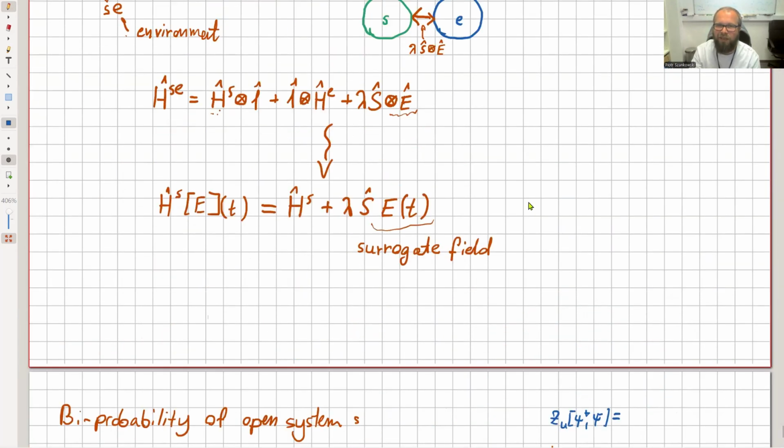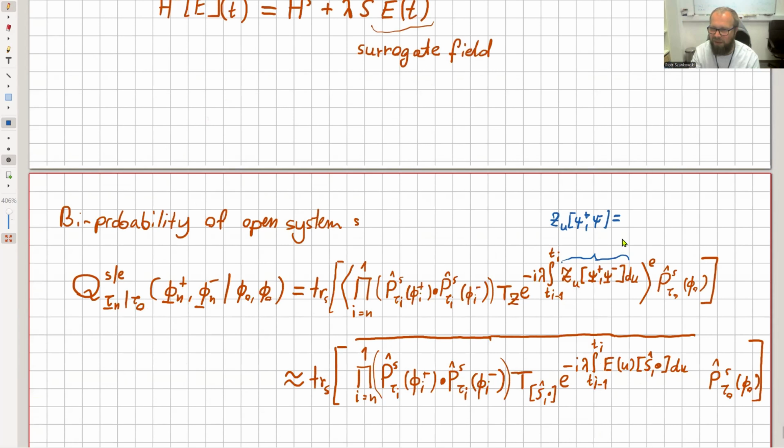For this kind of simple coupling, with only one operator, this would reduce to the eigenvalue psi plus at time u.